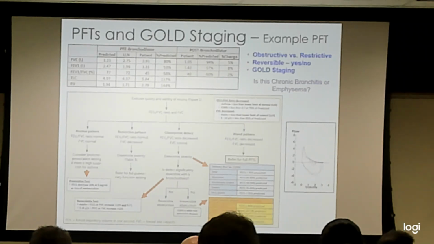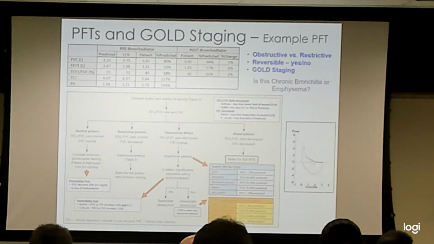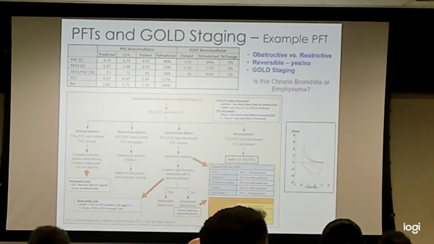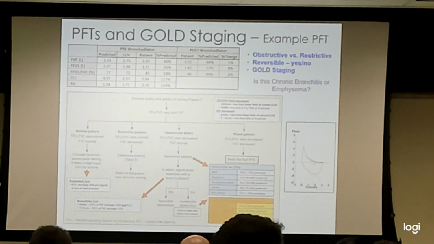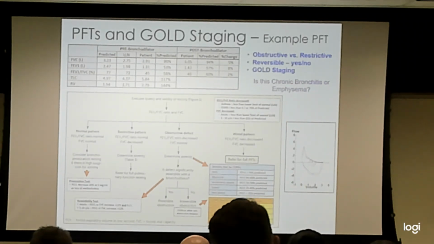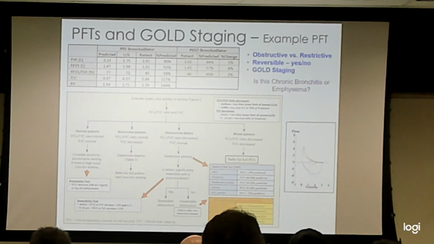Obstructive. Just ignore this. This is another one of those things where spirometrists want their own severity rating, right? And so I would not spend any time worrying about this other than to know that if you're dealing with a spirometrist, this is how, based off the PFTs only, they grade severity of obstruction.